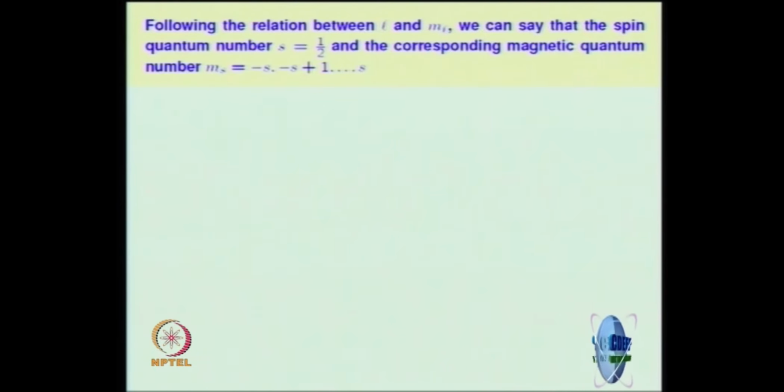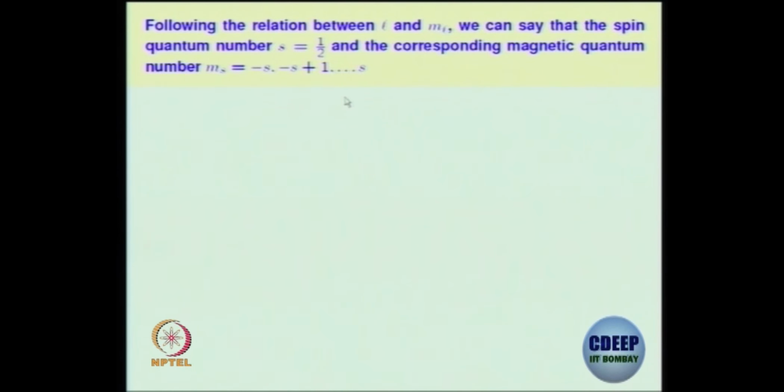Okay, so just like your orbital angular momentum L, azimuthal quantum number l and m_l, you can have an S, which is always half for electrons, and you will have an m_s which goes from minus s to plus s. If it is half, then it goes from minus half to plus half.